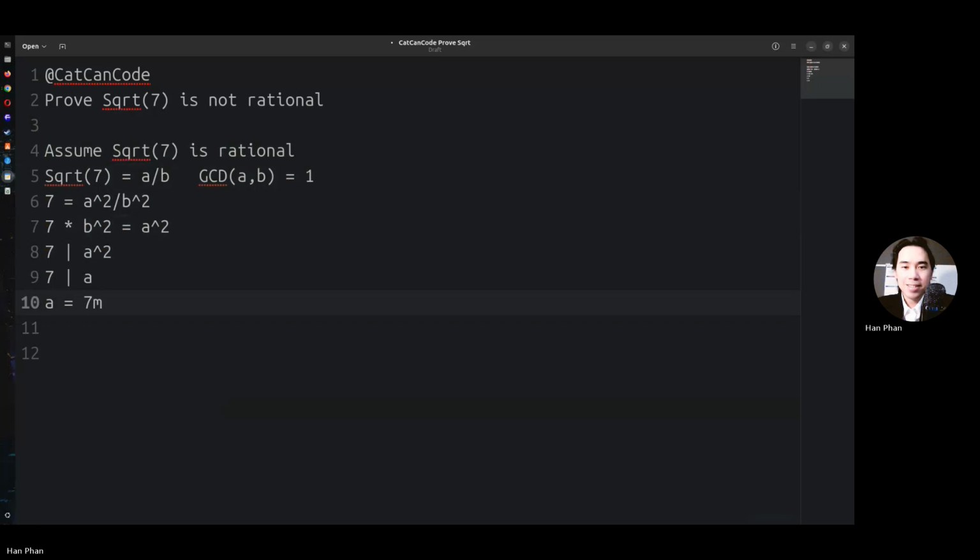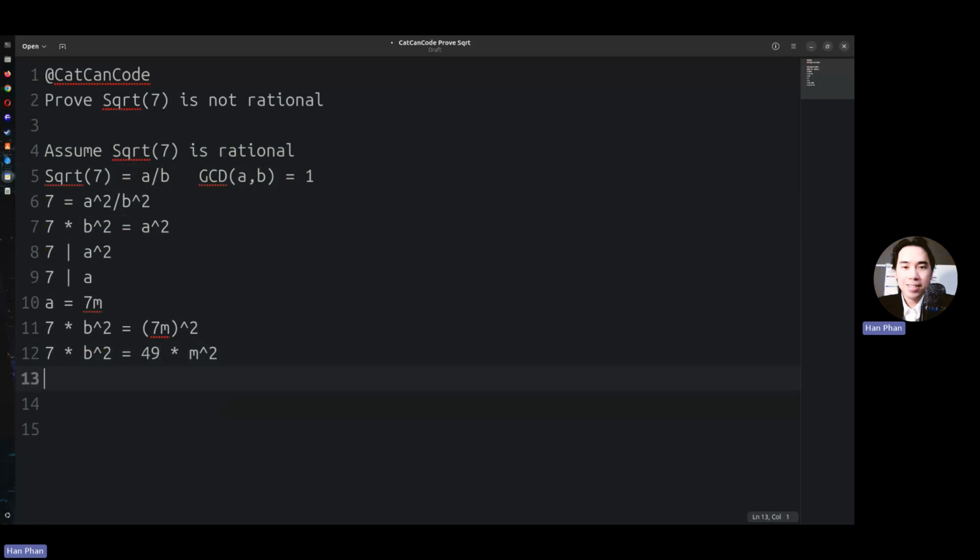So we substitute this into this equation, then we will have 7 times b squared equals 7m squared. It means 7 times b squared equals 49 times m squared.